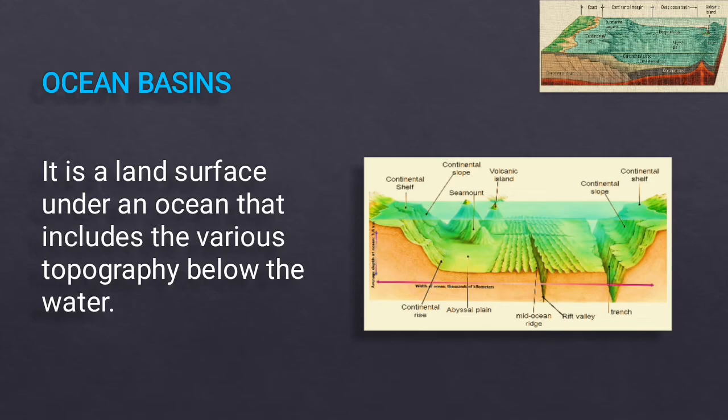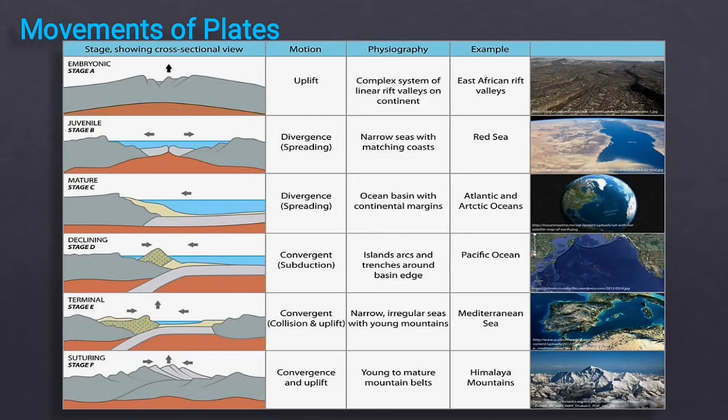So let us go back to the stages of the ocean basin evolution. We have the motion, the physiography, and the example. When we say physiography, it refers to the physical patterns and processes of the earth. It aims for us to understand the forces that produced and changed rocks, oceans, weather, and global patterns.